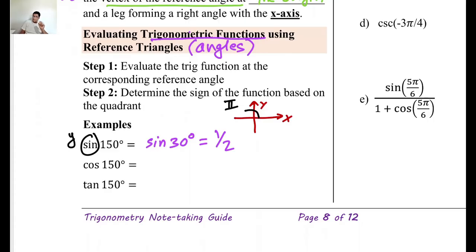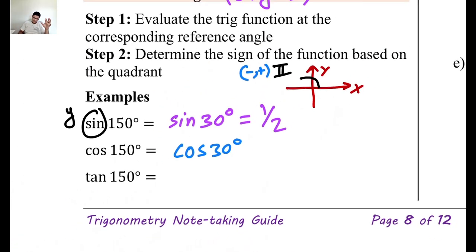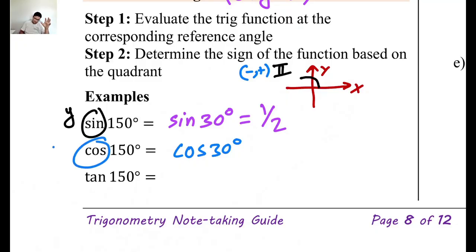Next, cos 150 degree. Reference angle is 30 degrees, so that will be cos 30 degree. Question is plus or minus. We are in the second quadrant. In the second quadrant, x coordinate is negative, right? Y coordinate is positive. That's the second quadrant. And cosine theta, by definition, is the x coordinate in the unit circle definition.